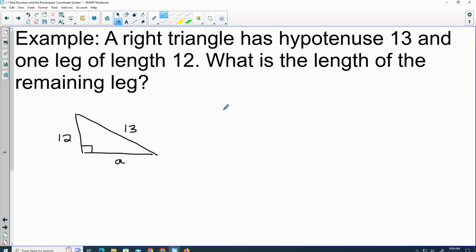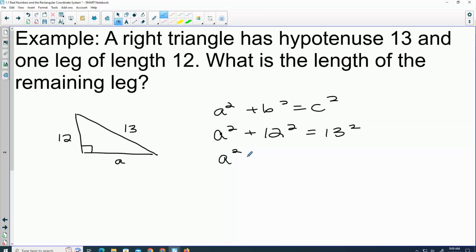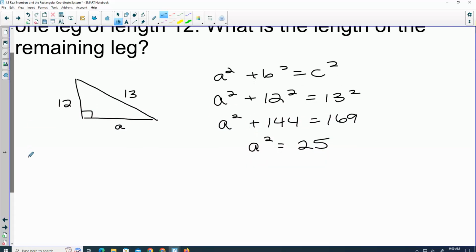what formula do we use? So I get a squared plus 12 squared equals 13 squared. Now normally when you square root you have to add a plus or minus, but can a be a negative?